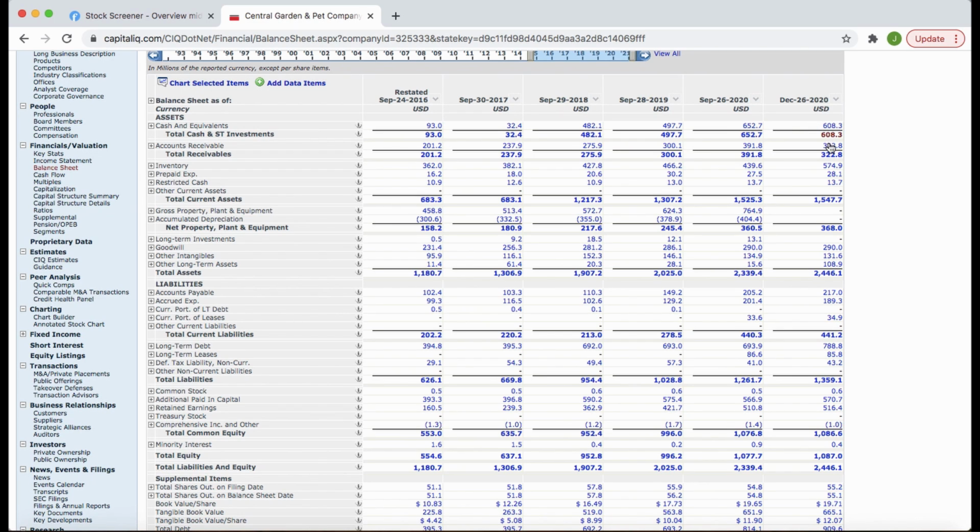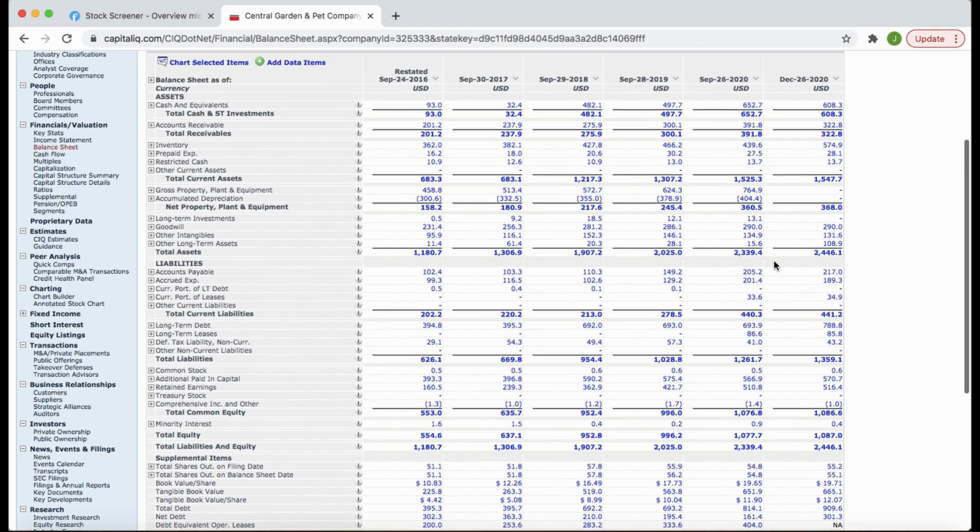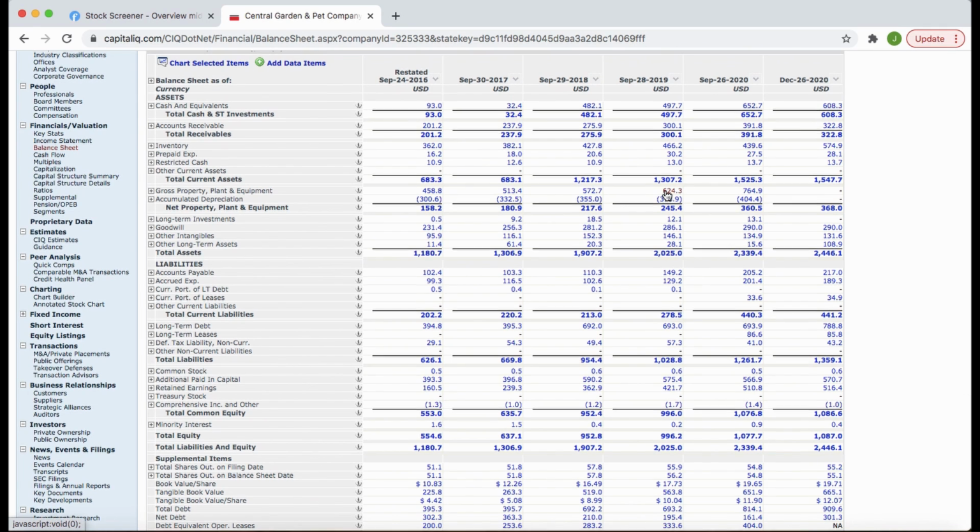Counting up their accounts receivable and cash and equivalents, 930 million, about 960, we'll say 973, 975 in current assets around that range. Current liabilities, yes, we have over two times the current ratio, which is great. The long-term debt isn't insane, especially for a company that can almost pay it off right now if they wanted to.